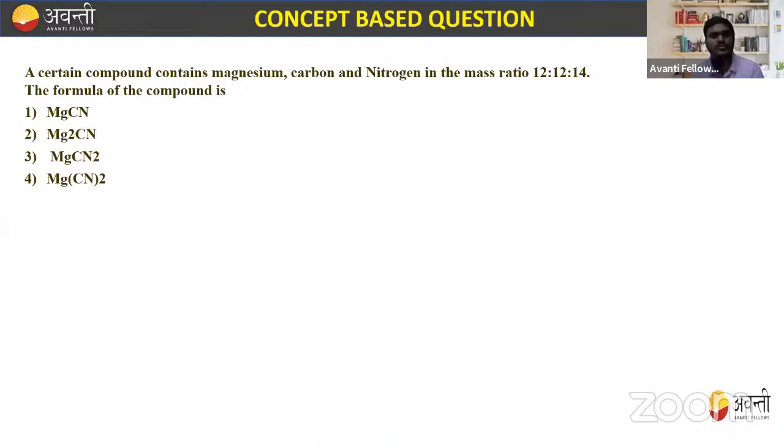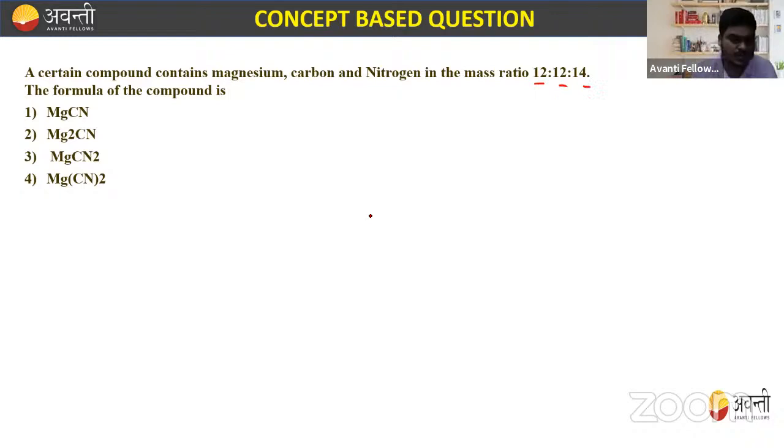Now, this question is also very important. In this question, they are asking about a certain compound containing magnesium, carbon, and nitrogen in the mass ratio 12, 12, and 14.